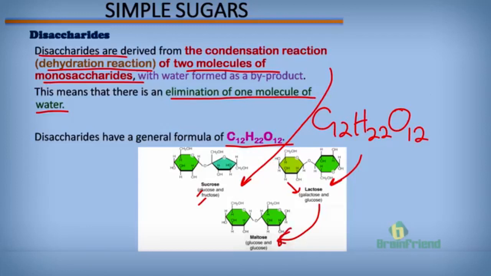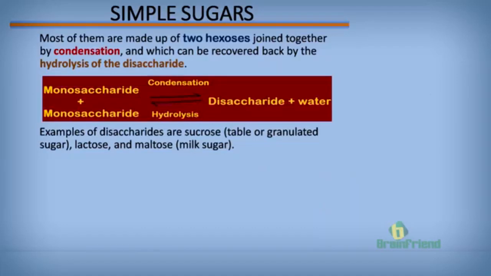Maltose, another disaccharide, is formed from the condensation reaction of glucose and another glucose molecule. Most of them are made up of 2 hexoses joined together by, as we mentioned earlier, condensation, and which can be recovered by the hydrolysis of the disaccharides.